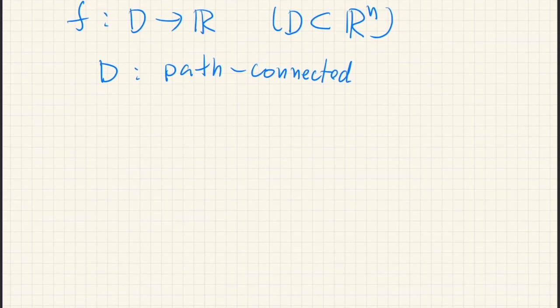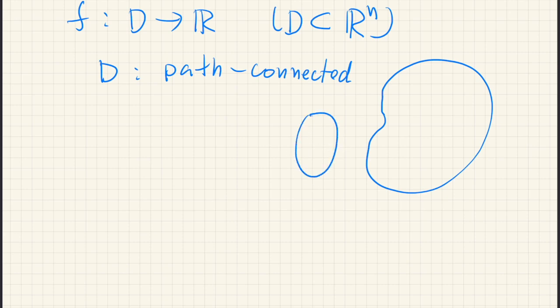As we have studied before, path connected means they are made of one big chunk. So they are not a set of separated regions, but just one region, all connected.